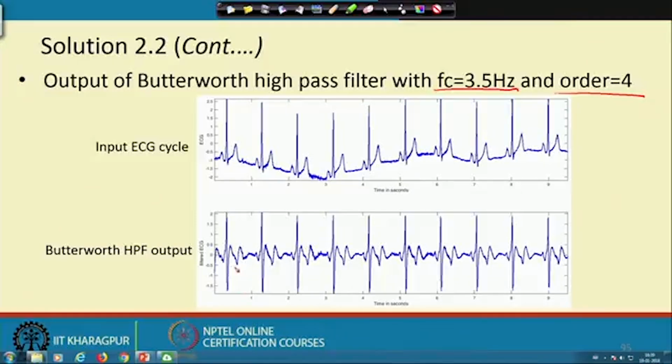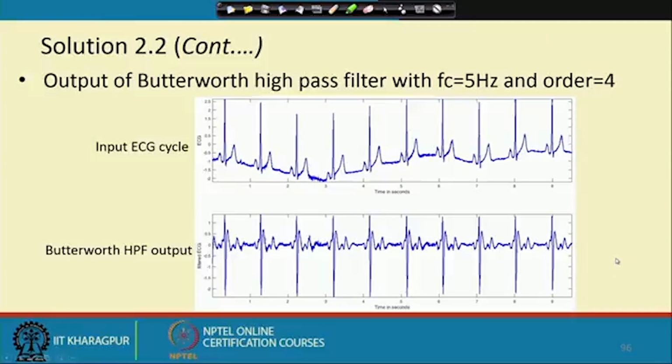The T wave is completely destroyed, the P wave also is destroyed. So, it is certainly not a desirable output in terms of the signal. The signal is very much distorted, though again it is successful at removing the baseline artifact.